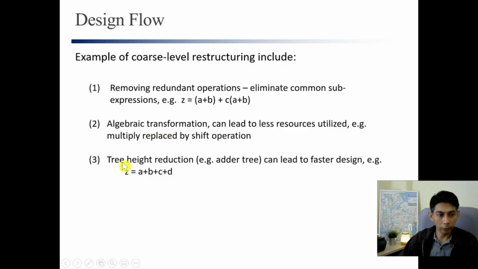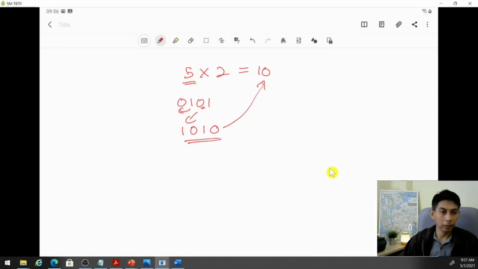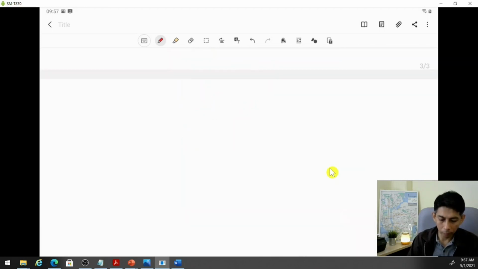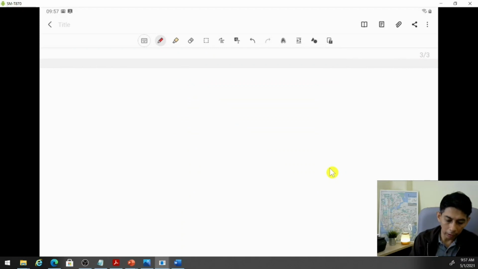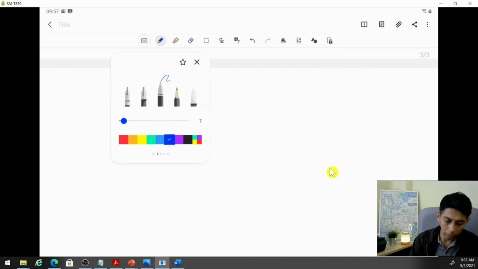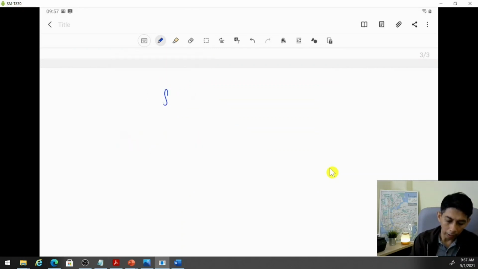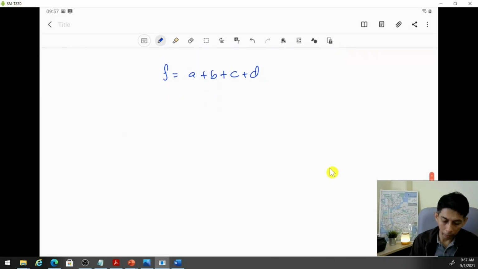And the last one is what we call the tree height reduction. So this tree height reduction can lead to faster design. For example, if we want to do f equal to a plus b plus c plus d, in hardware what we do is actually like this.